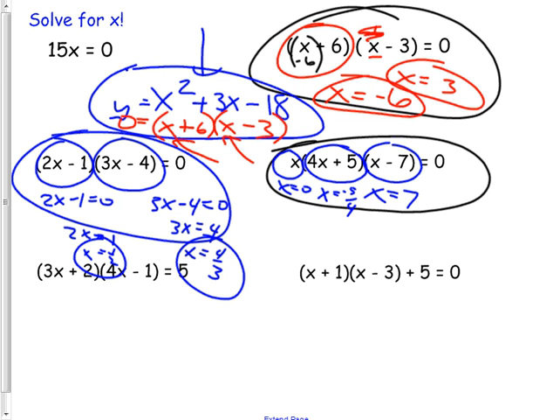Okay, so you set each part equals 0. Set this part equals 0, set that part equals 0. What you are finding is the answers to the quadratic. They're also called the roots. They're also called the zeros because guess what happens when I put this into the equation? It makes it equal 0. That's why they're called the zeros.